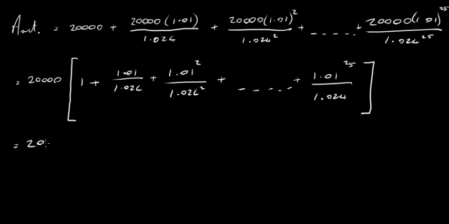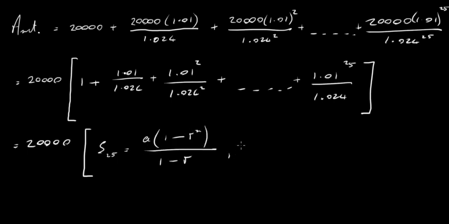So we have 20,000 here. Within our brackets we have a sum of a geometric series. So let me just write down the formula for that. In this particular case the sum is a times 1 minus r to the power of n over 1 minus r, where a is equal to 1.